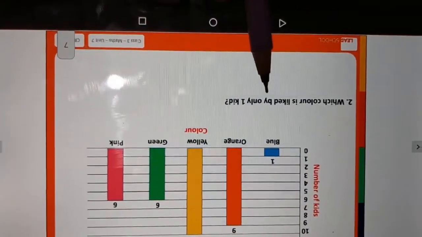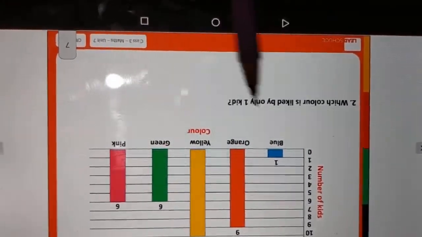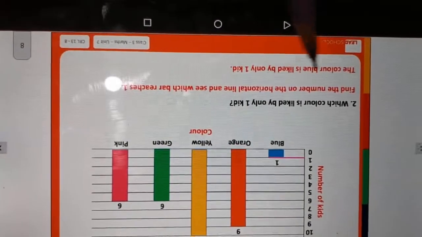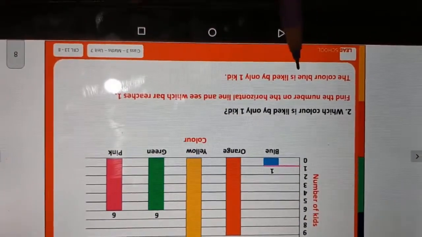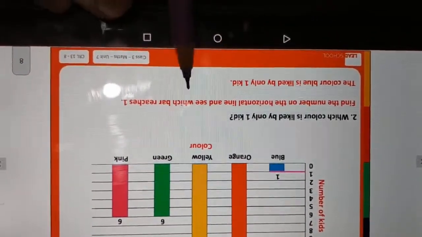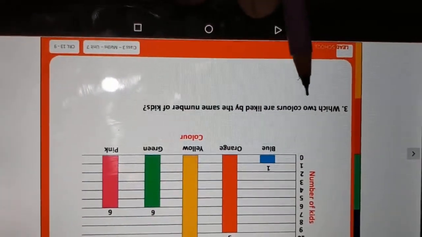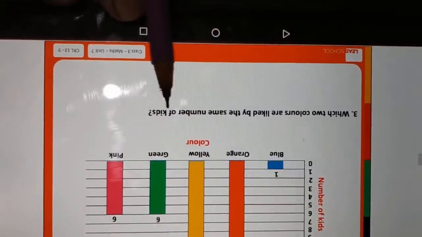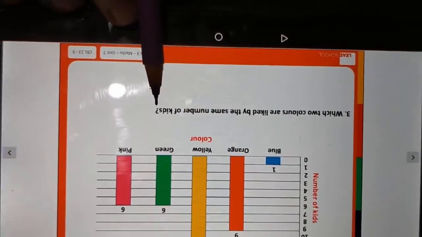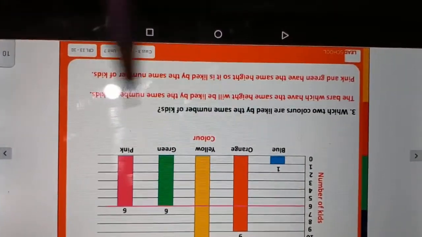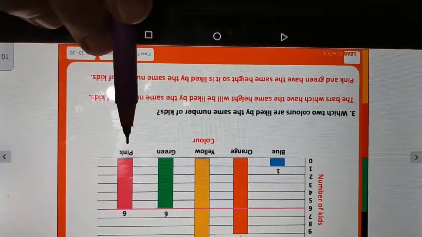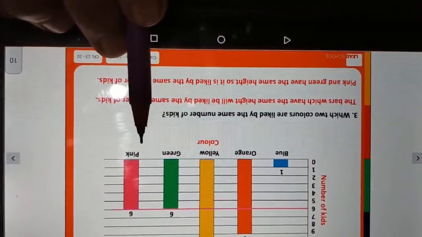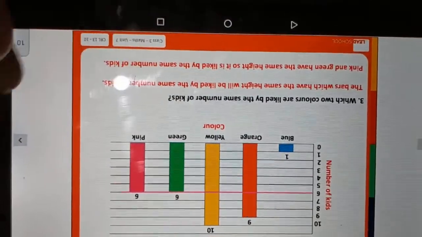Which color is liked by 1 kid? Blue. The color blue is liked by only 1 kid. Which 2 colors are liked by the same number of kids? Green and pink.